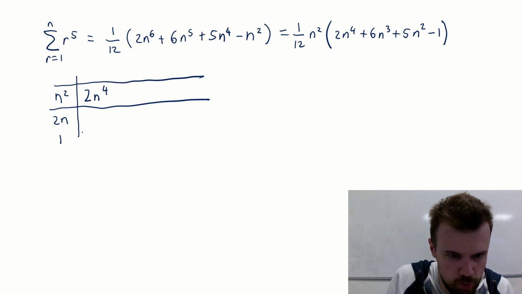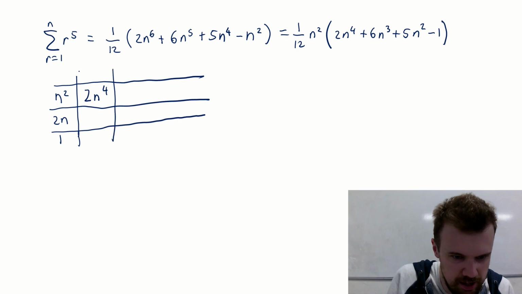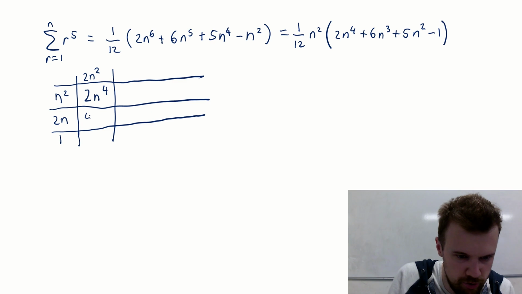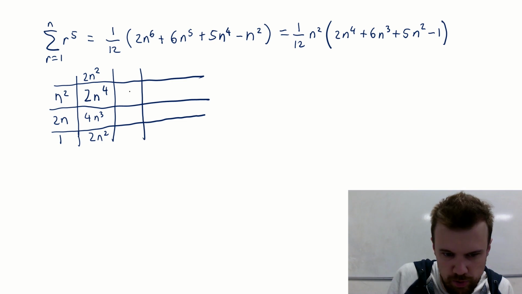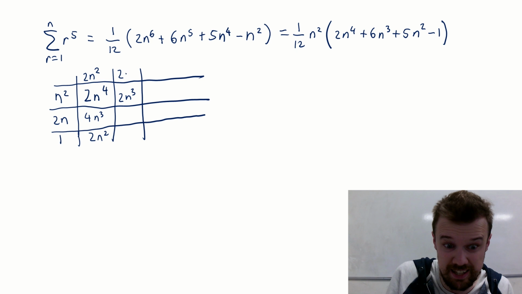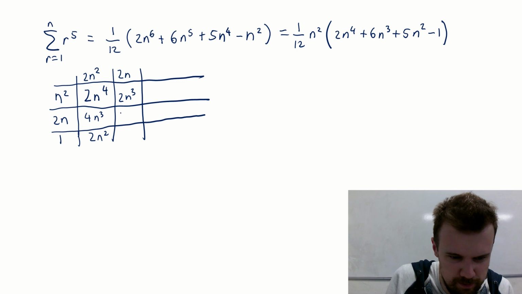So what are we going to get? We are going to get the fact that this would have to be a 2n squared, which means we've got a 4n to the power of 3, 2n squared, which means that in this diagonal we've got the cubes, so therefore we need a 6n cubed, so we need another 2n cubed, which means that therefore this thing here needs to be a 2n, so that's a 4n squared and a 2n.